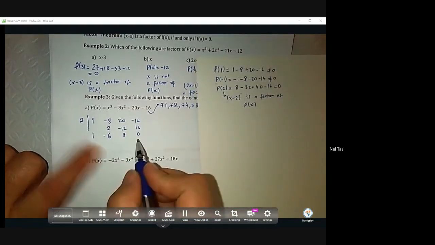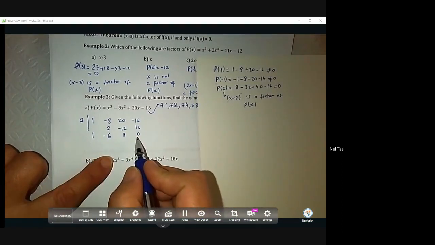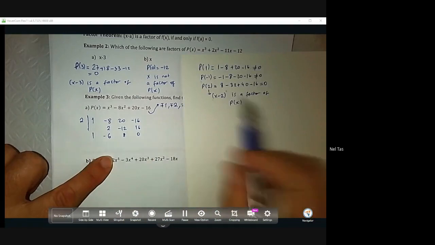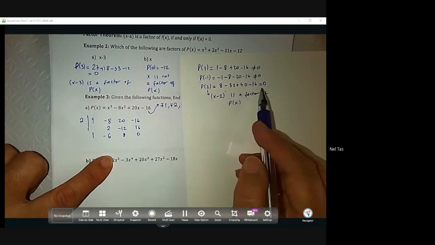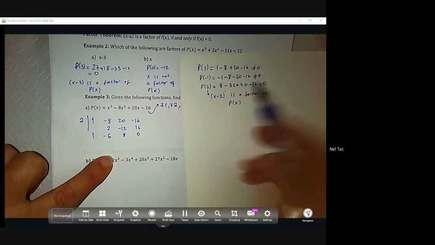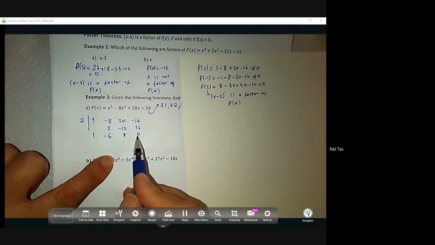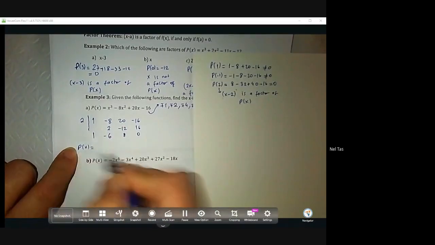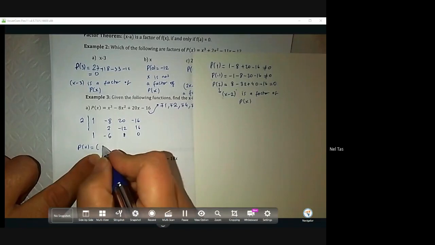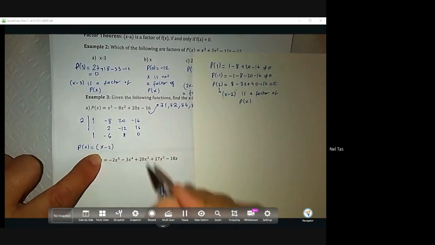We expected to get remainder 0 because we just tried it anyway, right? We tried 2 in the polynomial function. We got remainder being 0. Therefore, of course, you're going to get 0 here too as a remainder. So then P of x, we got the first factor, x minus 2.